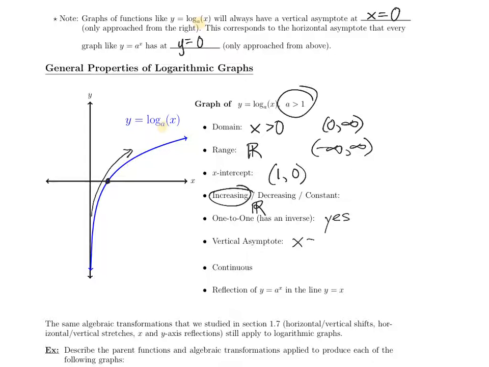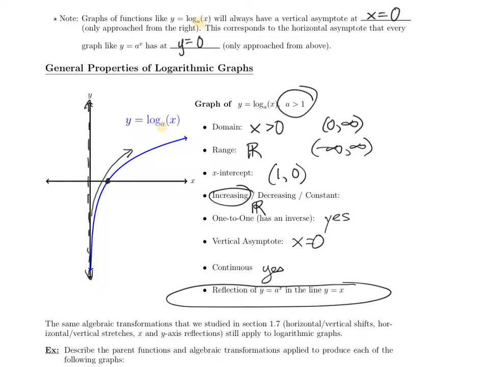It has a vertical asymptote at x equals 0, so it's going to approach this line, but it will never reach or cross it. And it is continuous because, informally, I can draw it without picking up my pencil. So just remember that this is a reflection of the exponential function y equals a to the x in the line y equals x.